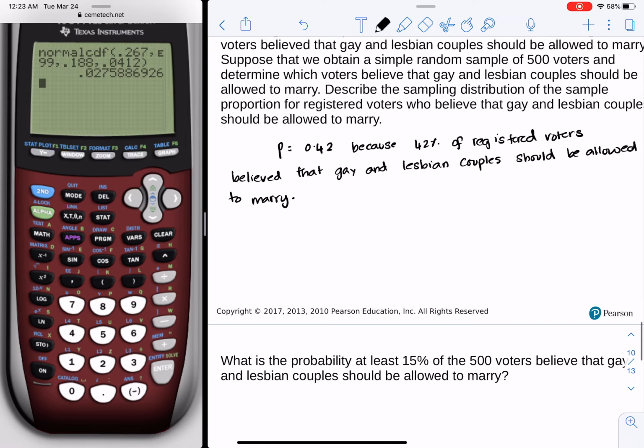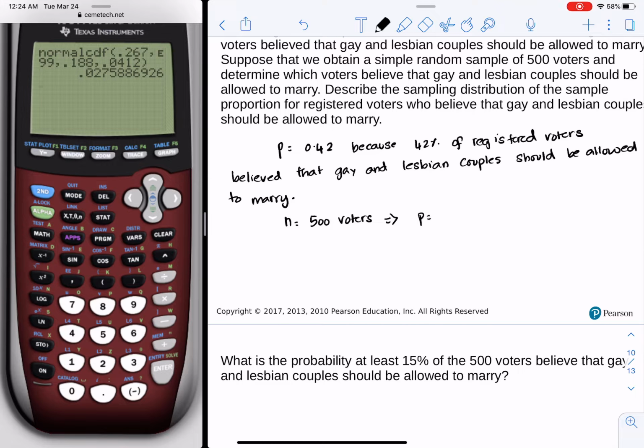So that would imply that if we pick 500 voters, in other words, n is 500, the standard error would then become the value that we get from the formula, which I would write in a bit. The mean would remain the same. In other words, the sample proportion for these 500 voters would still be the same.